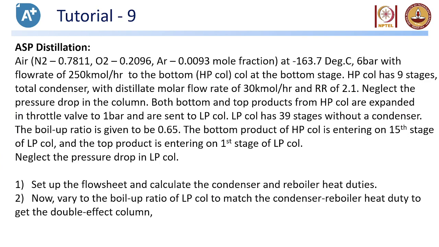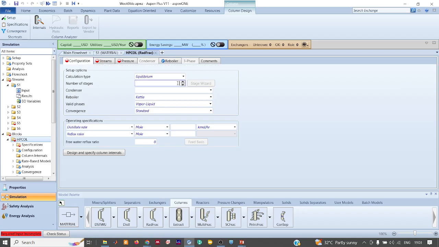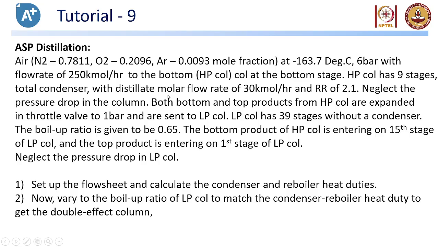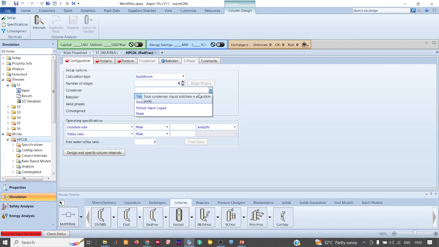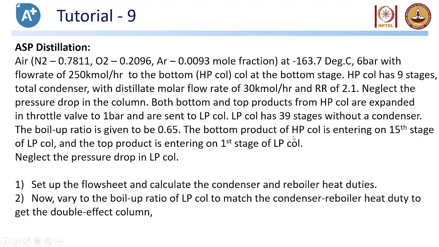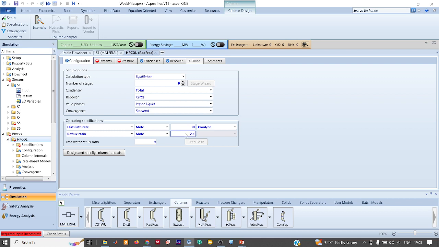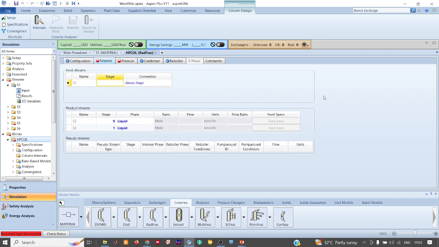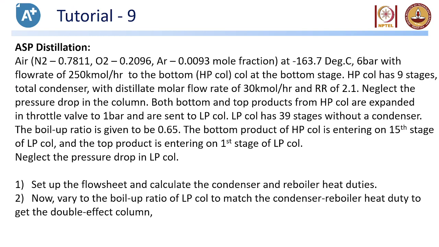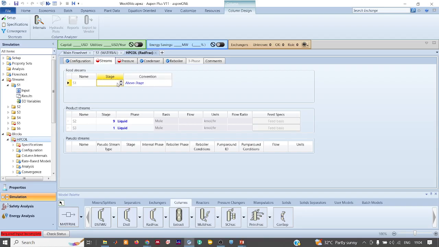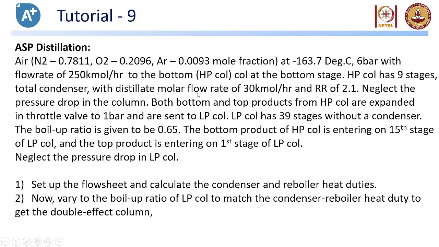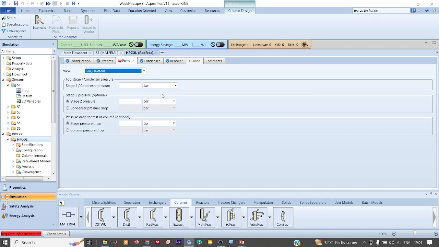And then HP column has 9 stages. Total condenser, distillate molar flow of 30, reflux ratio of 2.1, onto the bottom stage, which means it's ninth stage, right? Ninth stage, pressure the same as inlet, 6 bar.